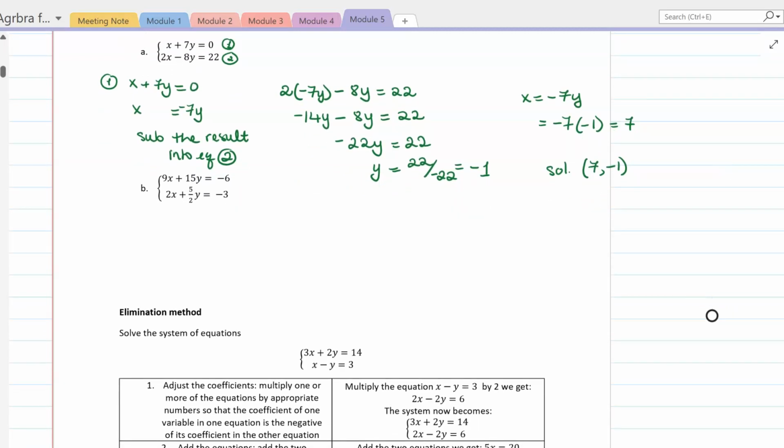Again, let's take a look at the next problem. Note that we have a fraction here, and I know how much we love working with fractions. So before we do this problem, let's go ahead and clear the fractions by multiplying the second equation by 2.